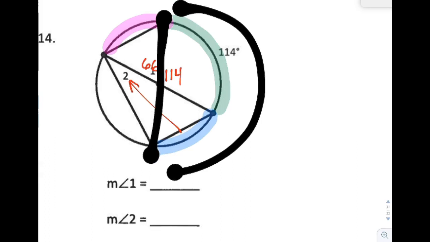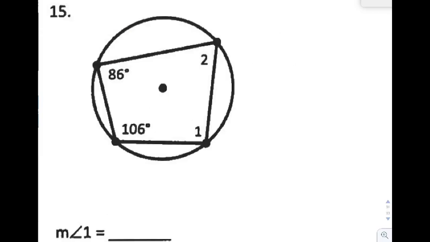So 180 minus the 114 that we have existing leaves us with 66 degrees right here, which means that would be 33. Because a quadrilateral has to add up to 360, and because it's inscribed in a circle, there's a shortcut here that the opposite angles will always add up to 180. The opposite angles will always add up to 180, because as one gets bigger, the other one has to get smaller, and if you inscribe it in a circle, it locks in. So the two pinks have to be 180, and the two blues have to be 180.